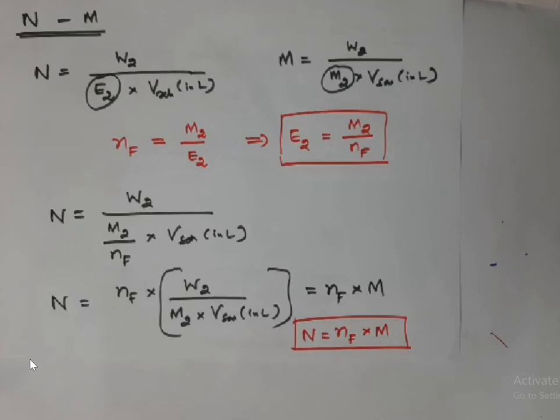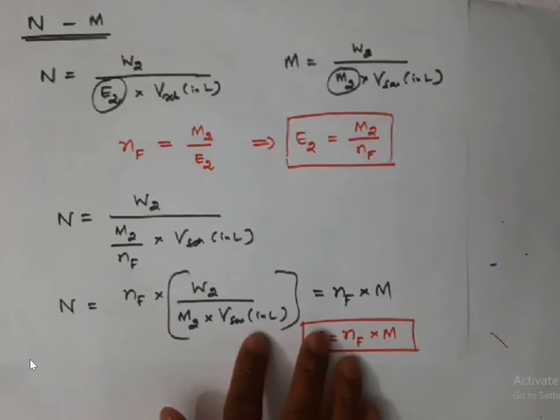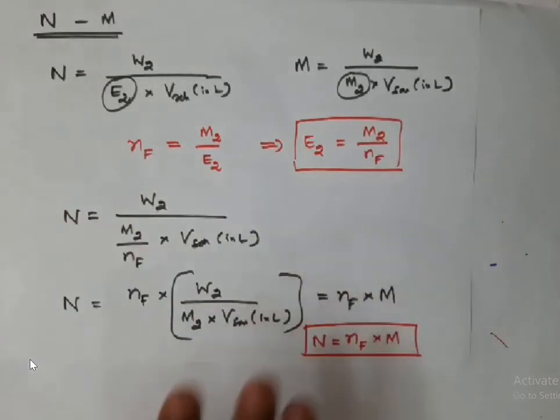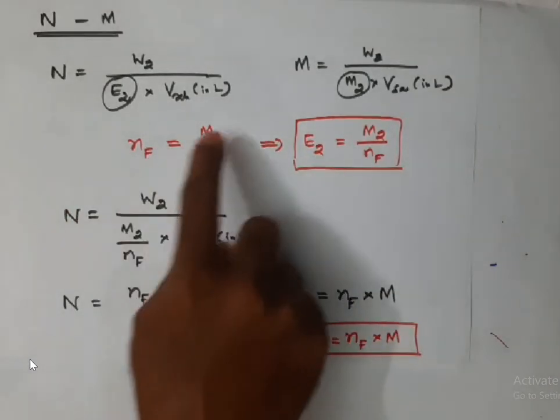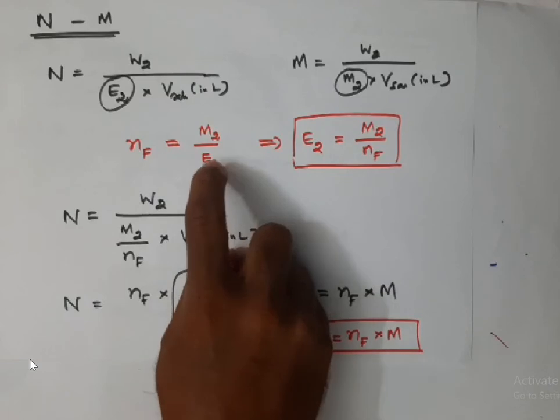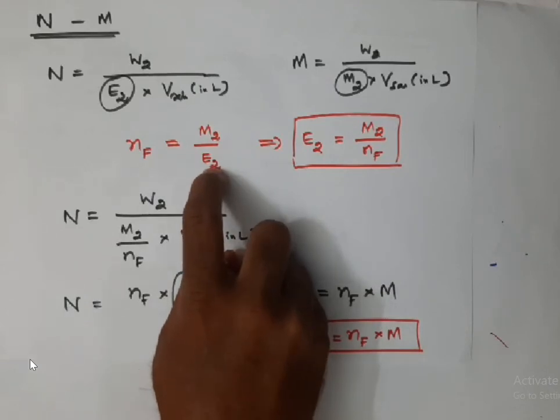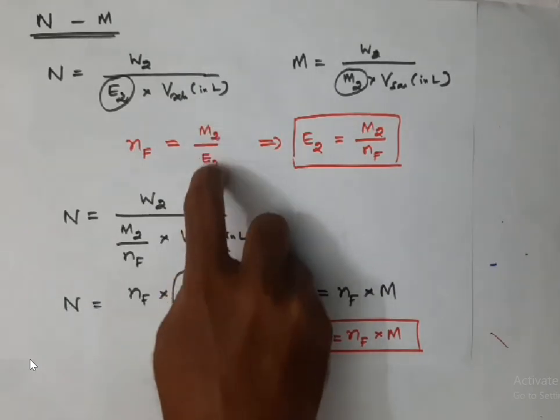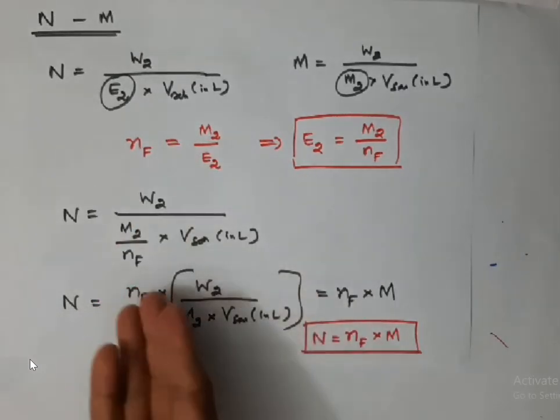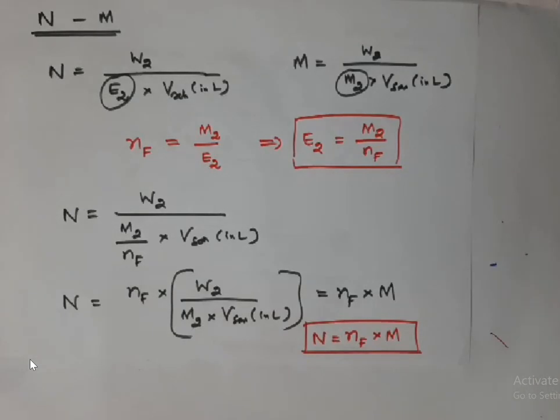N factor is nothing but molar mass by equivalent mass. So if you know the equivalent mass and molar mass of the solute, just divide molar mass by equivalent mass, you will get n factor, and using that n factor you can calculate normality, or write the relation between normality and molarity.